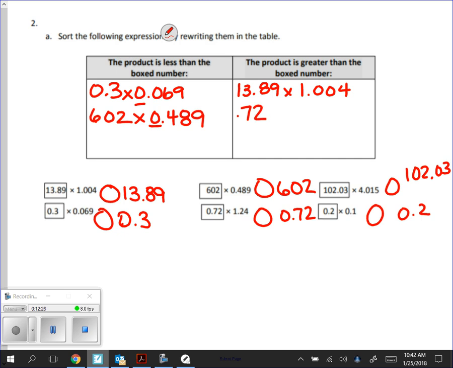72 hundredths, but you're multiplying it by 1 and 24 hundredths. You're comparing this to itself.